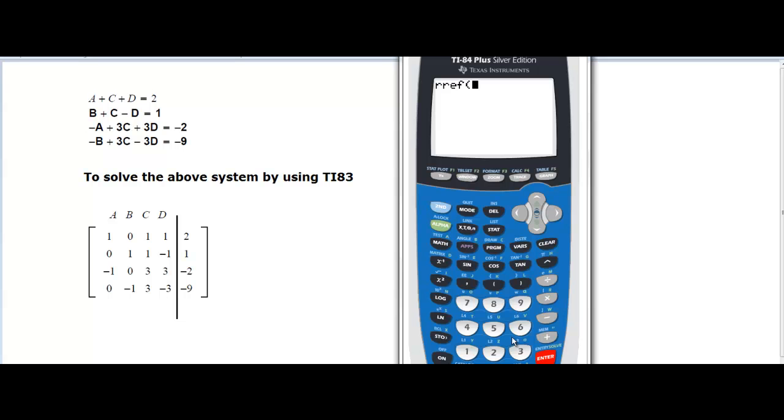So we press that. Then we will obtain our matrix again. Who is that? A, right? So I want the row reduced echelon form of that. When you enter, it will give you the answer. So this is something we cannot calculate by hand. We have to use the calculator.